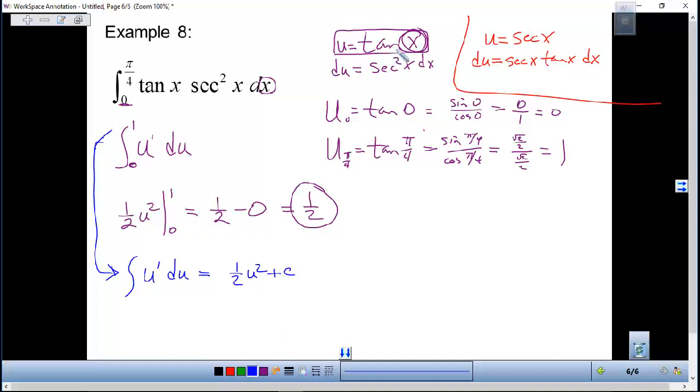Now you're going to plug in your tangent back in place of u. So you end up with 1/2 tangent squared x, sorry.